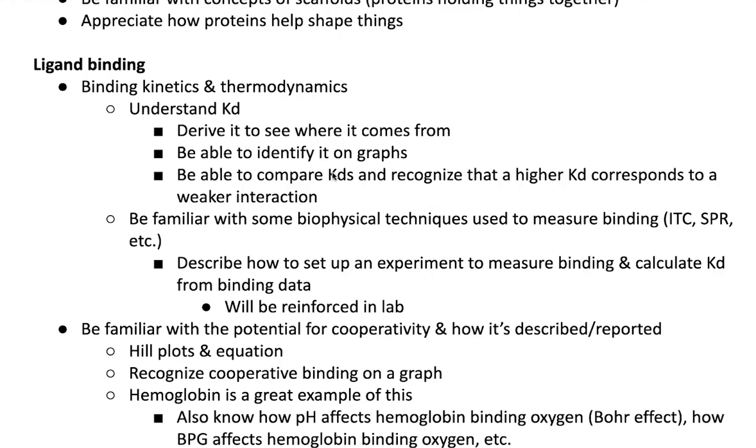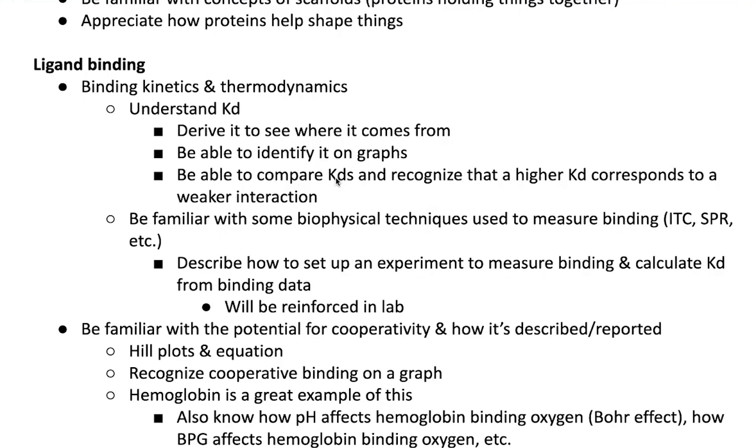Be able to compare KDs and recognize that a higher KD corresponds to a weaker interaction, because you have to have more of a thing for it to actually have half of it bound. Each time it runs into it, it has a chance of binding. And the more substrate you have, the more ligand you have, the higher the chance of them coming together. And then the more they like each other, the higher the chance of them actually staying together.